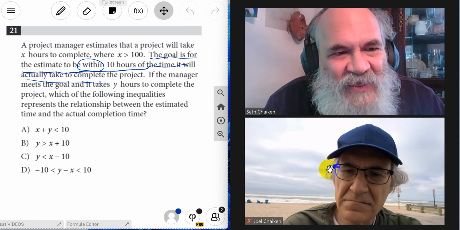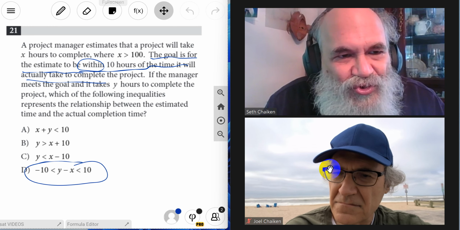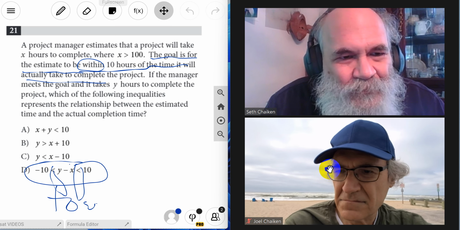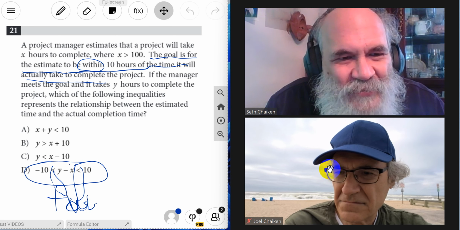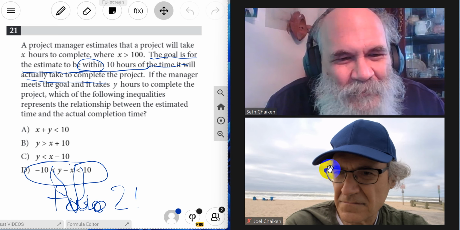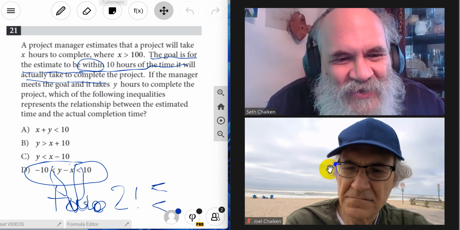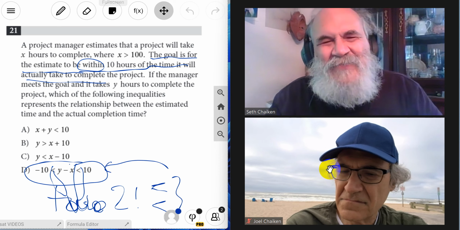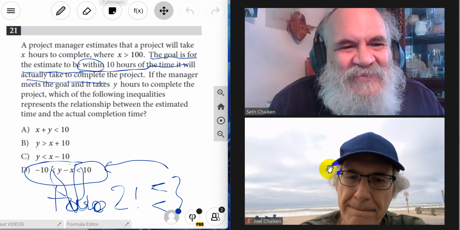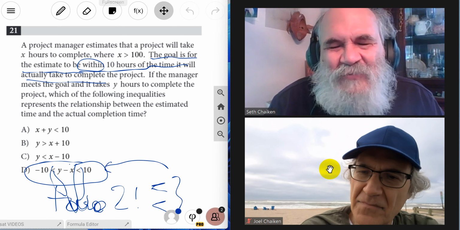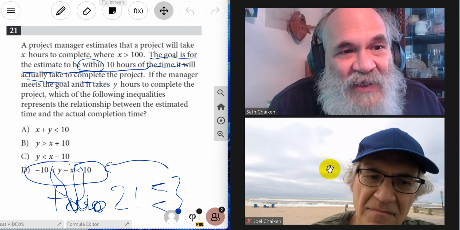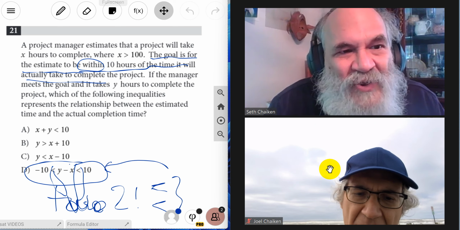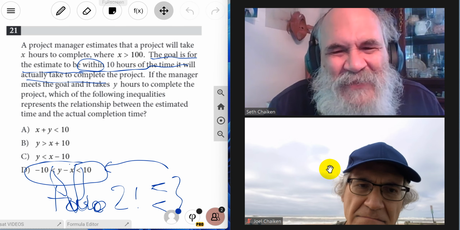The only answer that has two inequalities, two, the only one that has two inequalities is D. And then you look at D. D is the difference between X and Y, and the inequality says that difference is between -10 and +10.